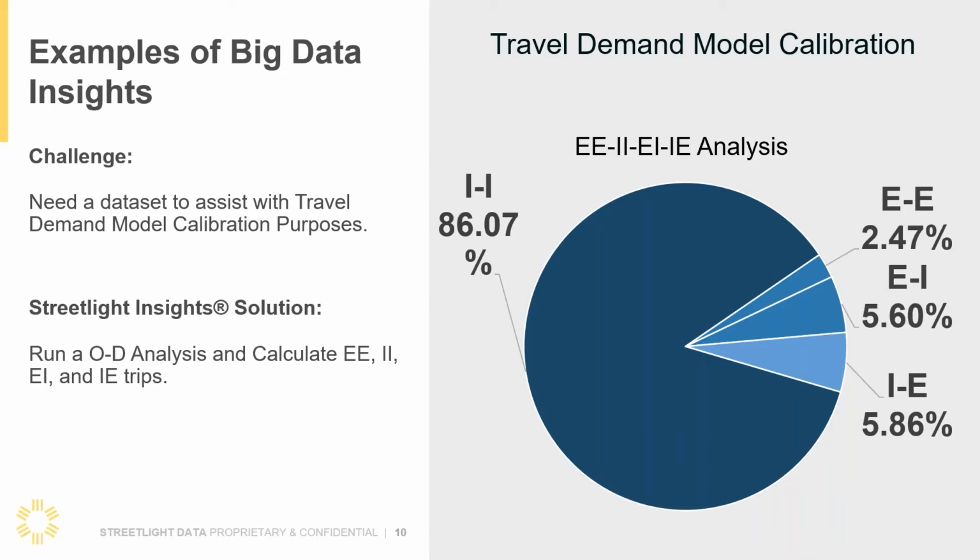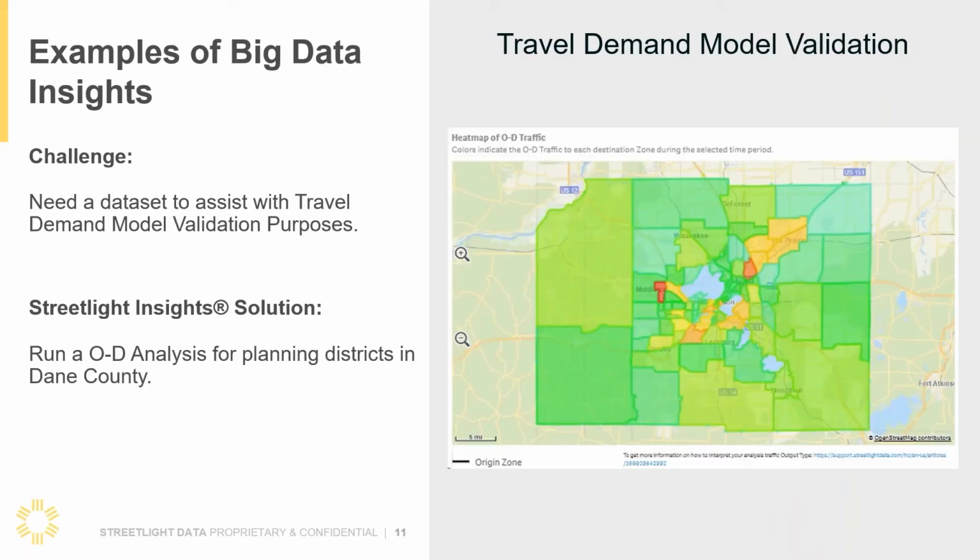About 2.5% of trips are external trips, and the rest are external-internal and internal-external trips. Those are about 5.6% and 5.86%. So very good data for our consultant who's currently working on updating our travel model in terms of calibrating it.